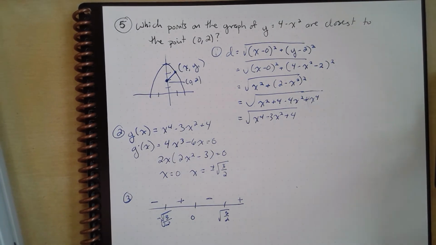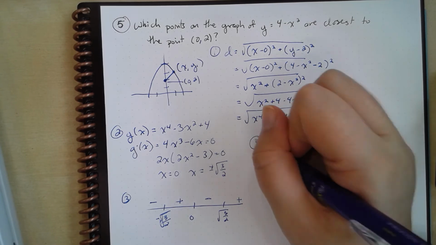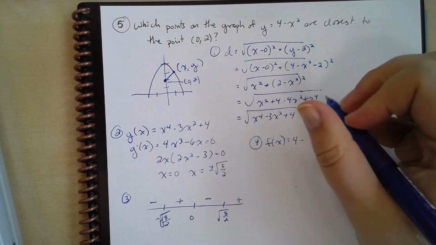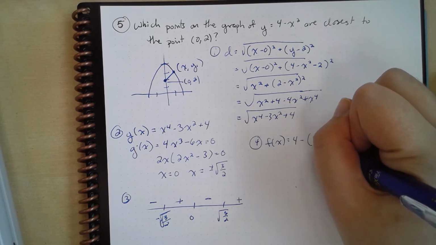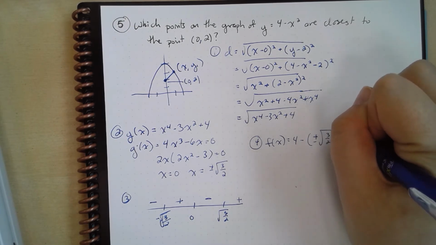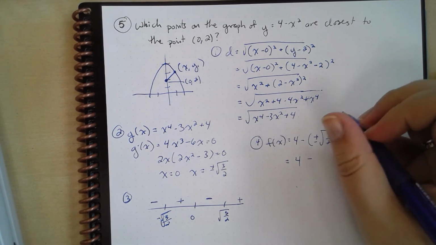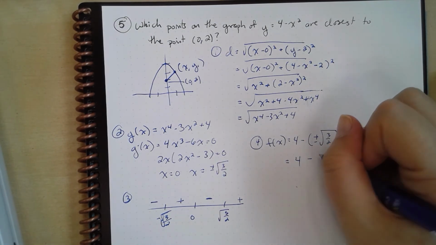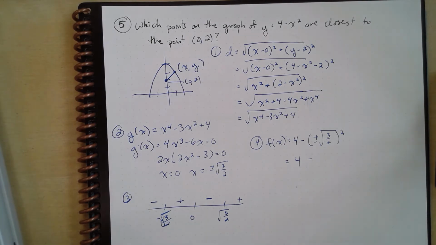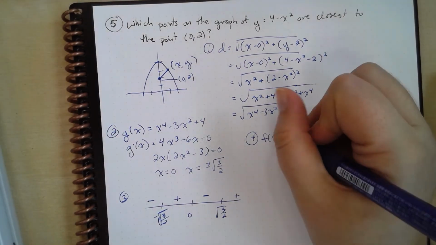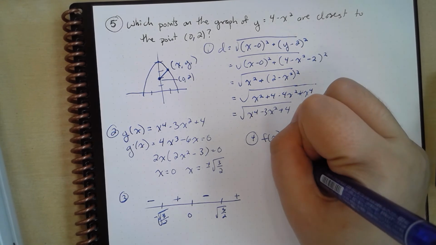So f of x, my fourth step, f of x is going to be equal to 4 minus plus or minus the square root of 3 halves squared. I'm not going to calculate all that. f of x is going to be equal to 5 halves.